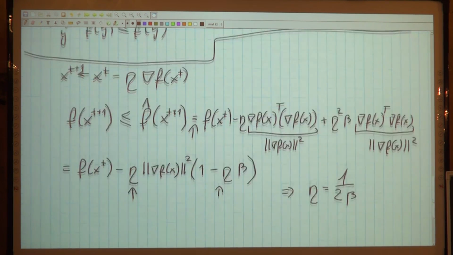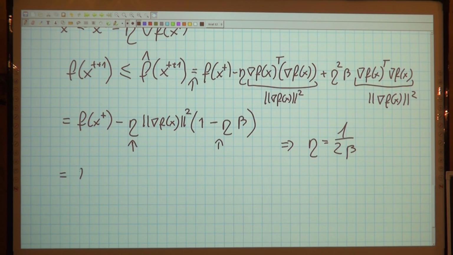When I set it like that, what I get is f of x_t minus the gain you are getting. Did I do the math right? Sorry, yes, I did it wrong, of course. If you plug it in, that's what you will get.